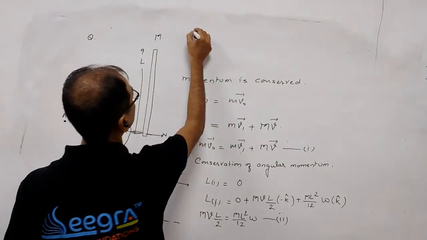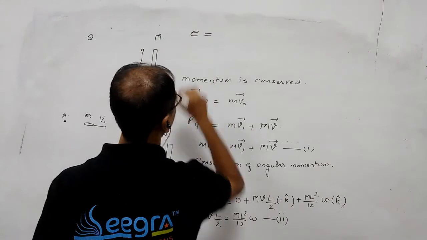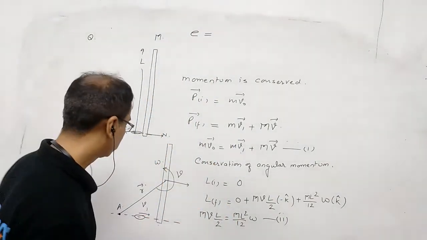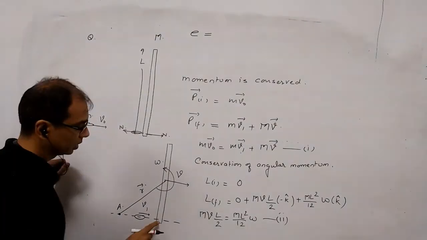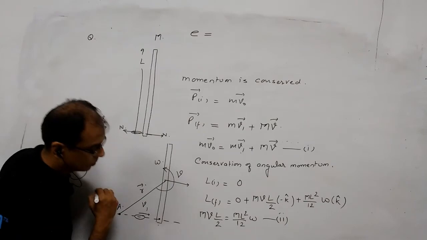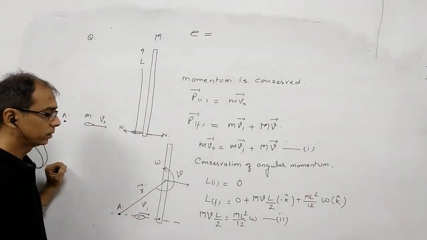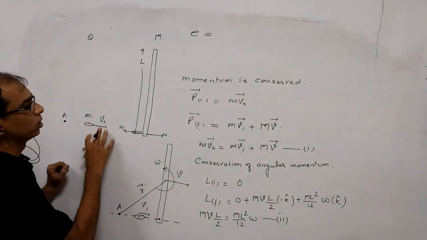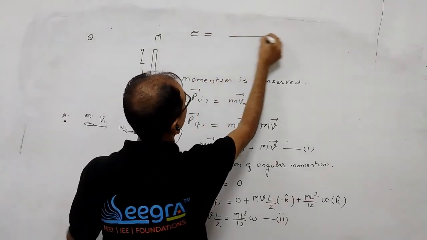So coefficient of restitution e equals velocity of separation by velocity of approach. Velocity of approach we already know. Velocity of approach is V0, so there is no problem. You can write here V0.